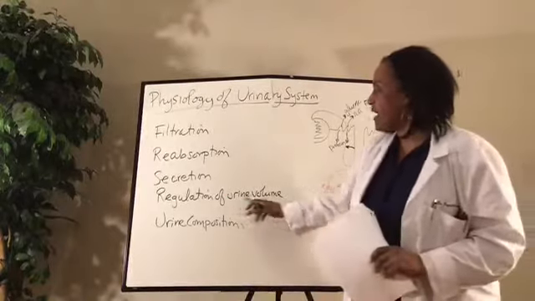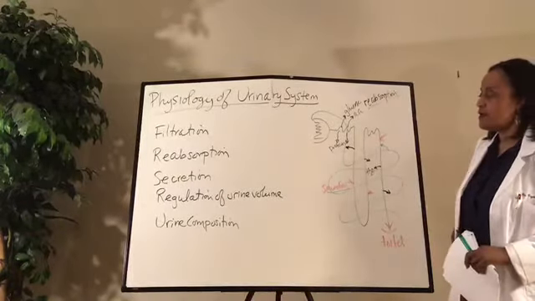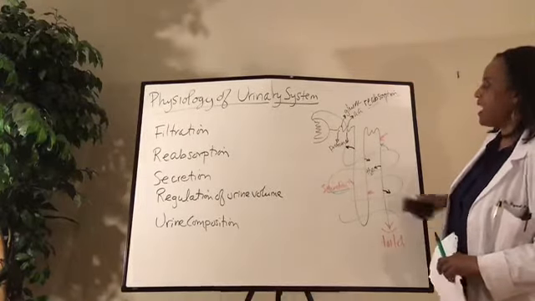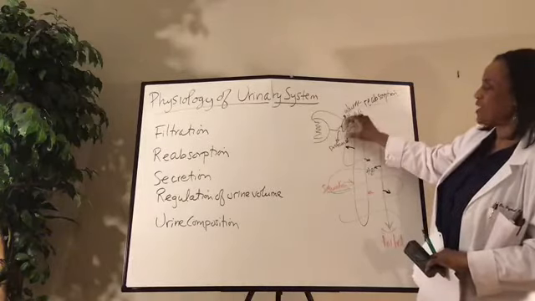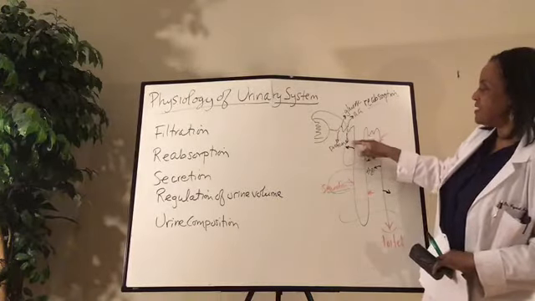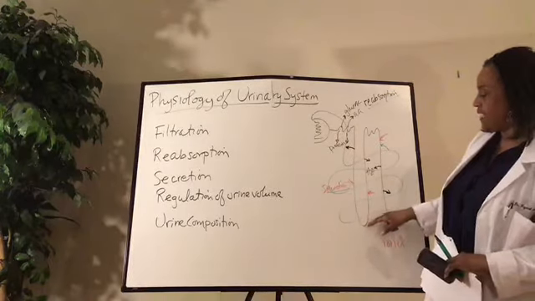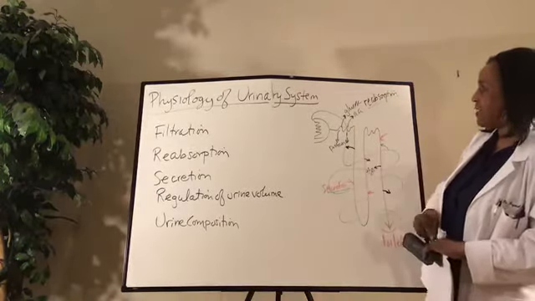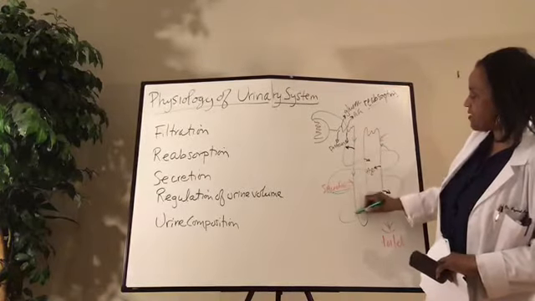Let's go over the regulation of urine volume. And I didn't mention this before, but this is the proximal convoluted tubule. This is the descending limb of the loop of Henle. Then you have the loop of Henle here, and then that's the ascending limb. I wanted you to know that the urine is indeed moving this way.